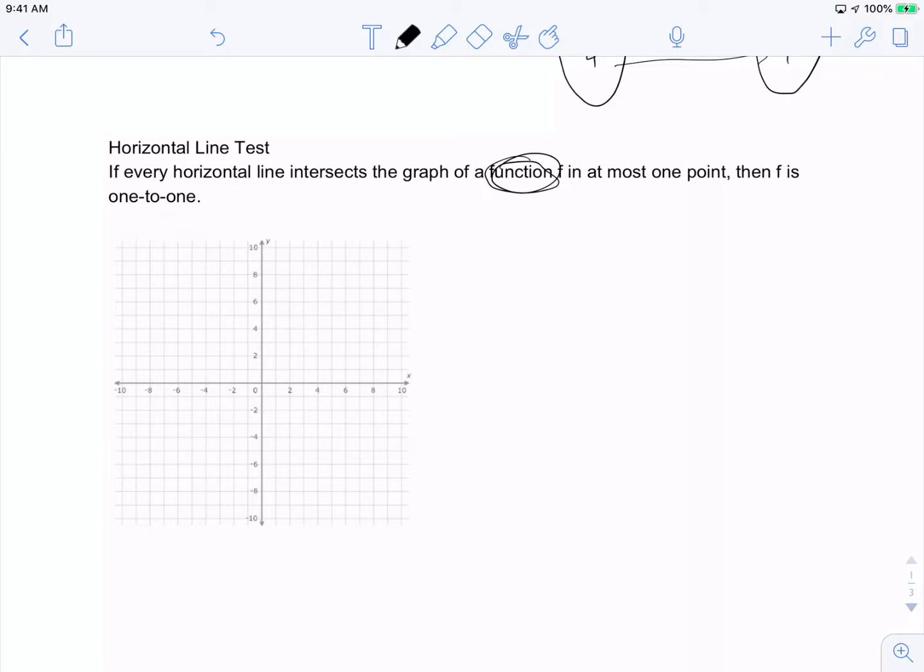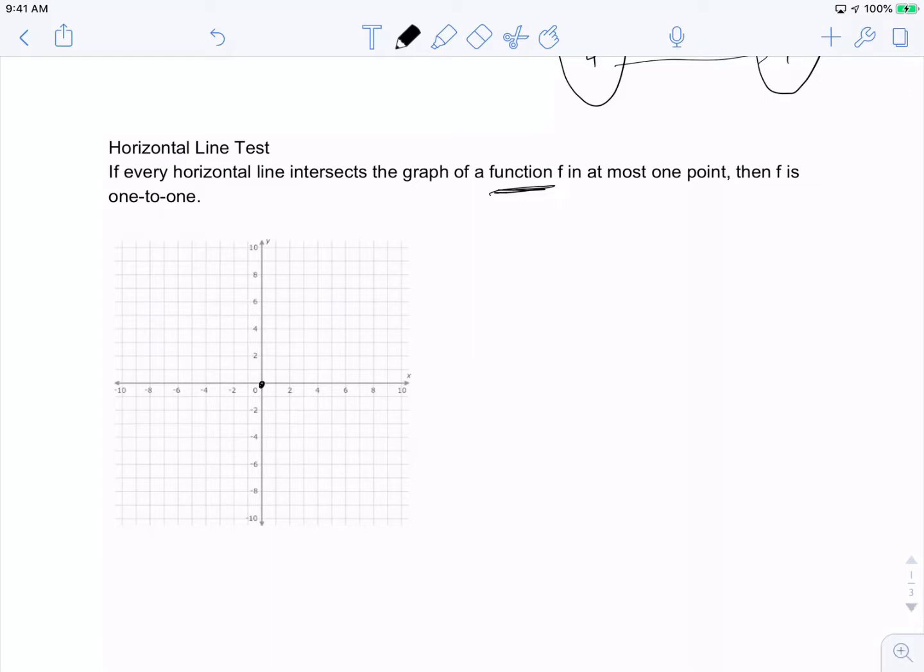The significance of that is typically when we want to say something is one-to-one, graphically, we have it pass the vertical line test and then the horizontal line test. But since this is stating that this is already a function, it's already passed the vertical line test. So it's got to pass the horizontal line test then to be one-to-one.